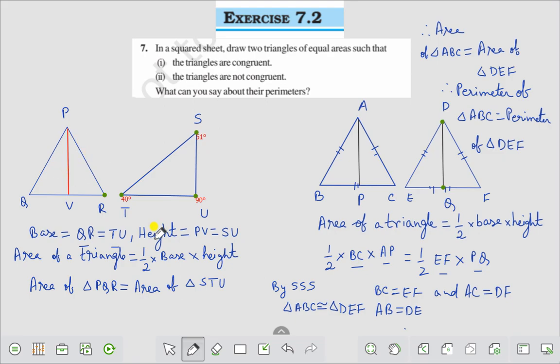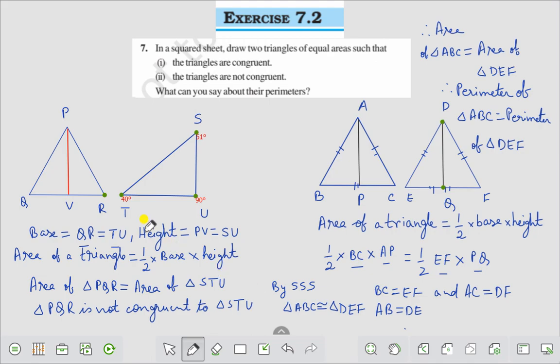Therefore you can say that they are not congruent, and if you superimpose them on each other they will not superimpose. Therefore this triangle PQR is not congruent to triangle STU.